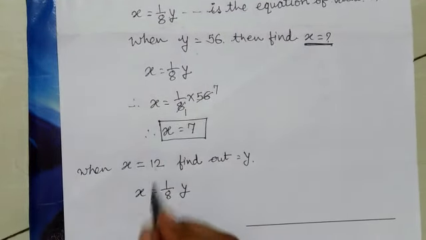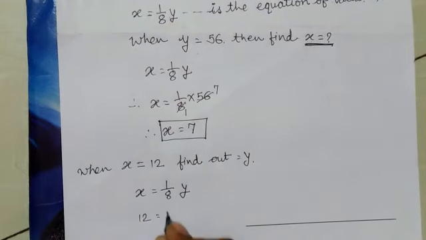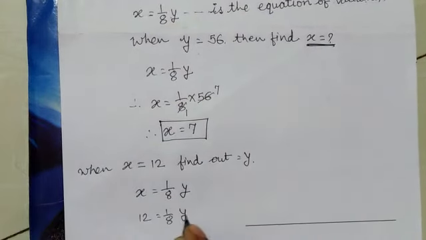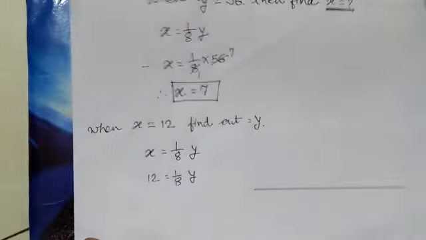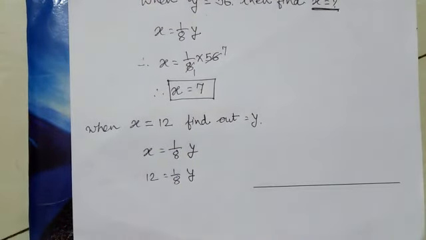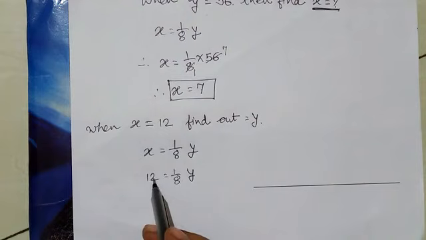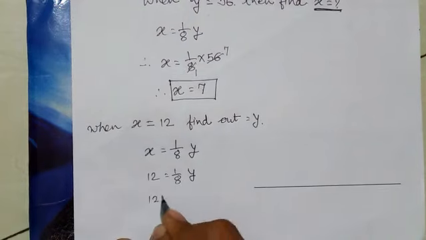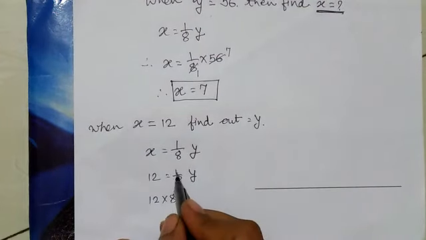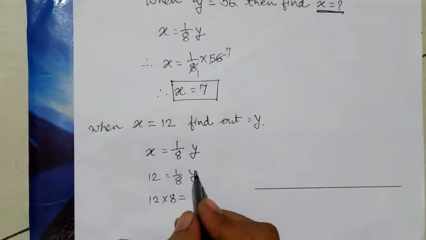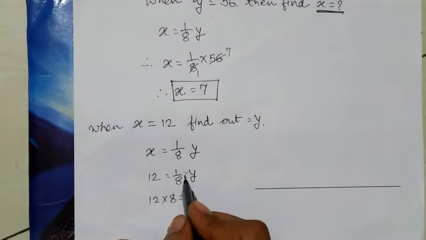Put in the values. The x value 12 is equal to 1 upon 8 y. As we know this 8 is dividing here, so we are going to send it to the opposite side, and here it is going to multiply. So 12 into 8 is equal to, this 1 is remaining, no need of writing 1, and the symbol between 1 and y is multiplication.